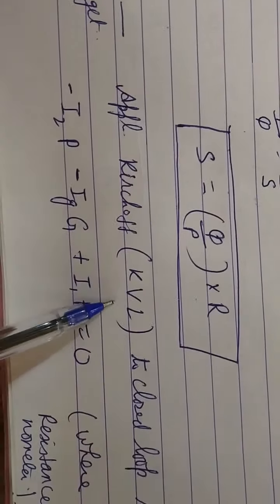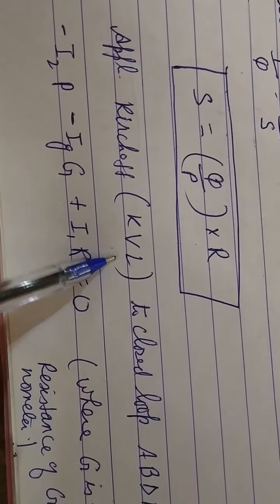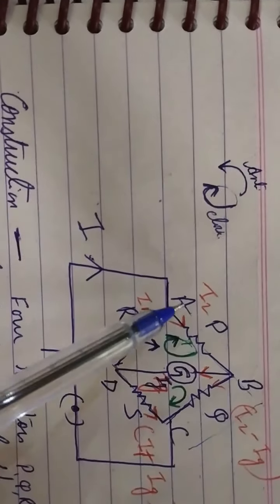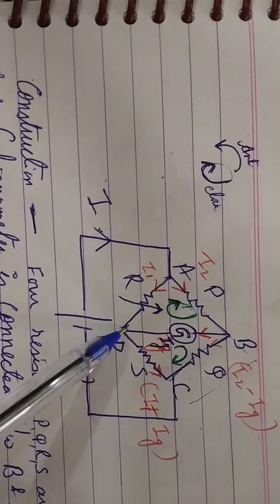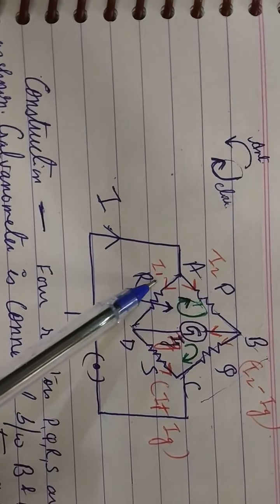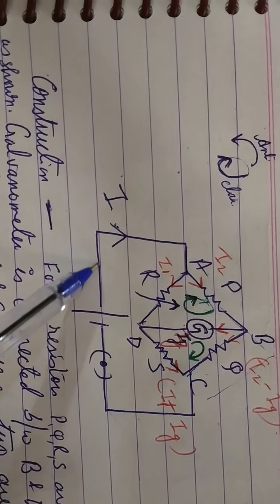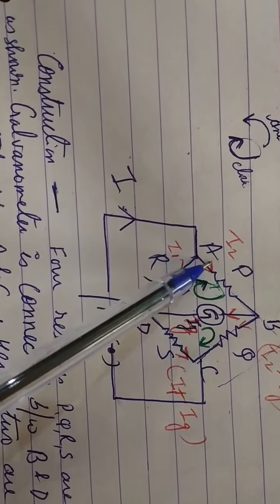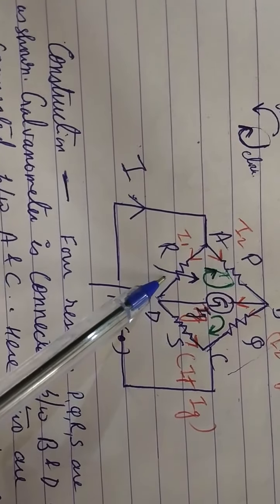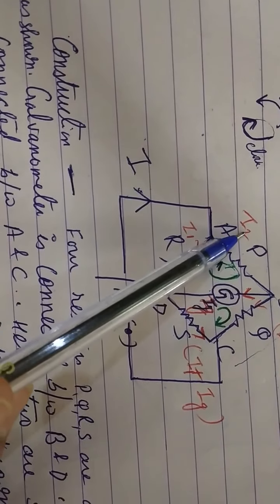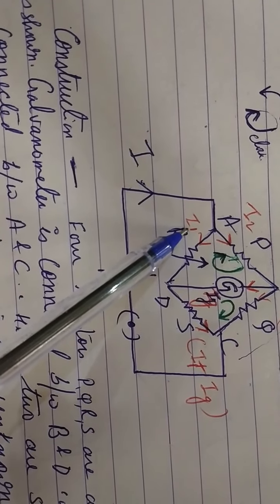Now applying Kirchhoff's law, that is KVL, Kirchhoff's voltage law, to the loop A, B, D, A. This is the first loop. Suppose current I is flowing from the battery. When it reaches point A, some part will go through P and some part will go through R. Let the current flowing through P be I2 and the current flowing through R be I1.